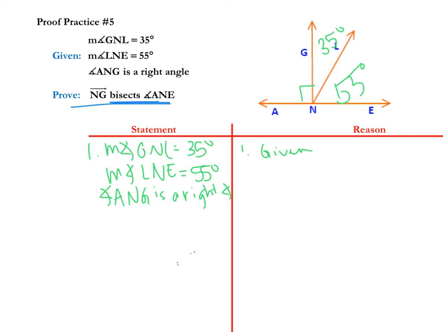So I'm first going to show that angle GNE equals 90 degrees. We can state that because of the angle addition postulate.